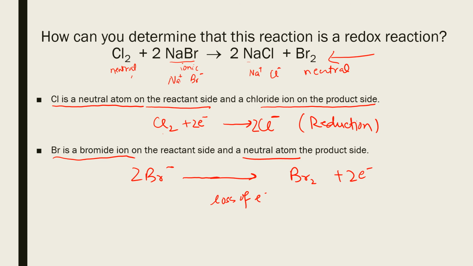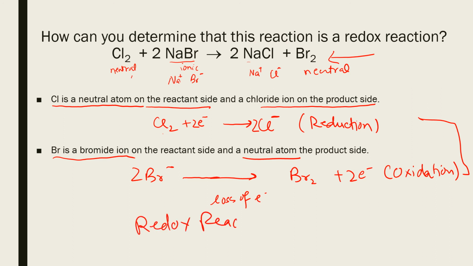Now it's balanced. Any process where electrons are lost is the oxidation process. In other words, Br is undergoing oxidation. Because in this reaction both oxidation and reduction are taking place, this reaction is a redox reaction.